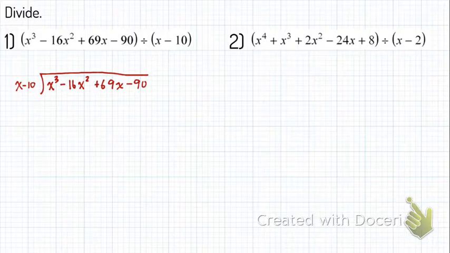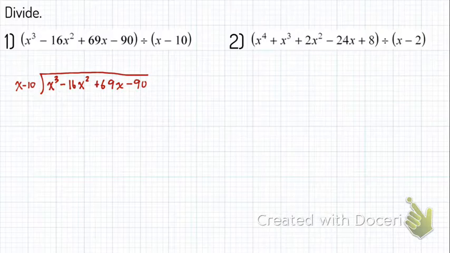This is where you need to think now. We're going to start with this first term. We got x cubed. I want to look at this first term here, x, and this is x to the first power. I ask myself, what do I multiply x with to get x to the third power? I know that I'm going to multiply it with x squared.